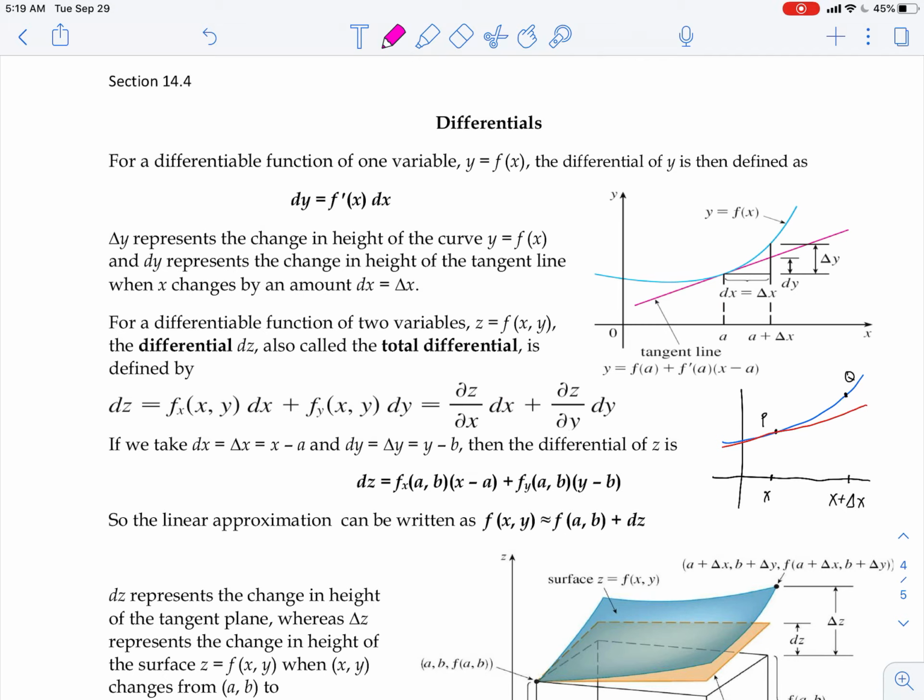And so your dy is different from your delta y. dy is the distance from your initial point P to your point Q on the tangent line, so the distance between your point and the tangent line, while delta y is just the total change from your initial point P to your point Q. Now, that would be the differential on a 2-dimensional coordinate system.